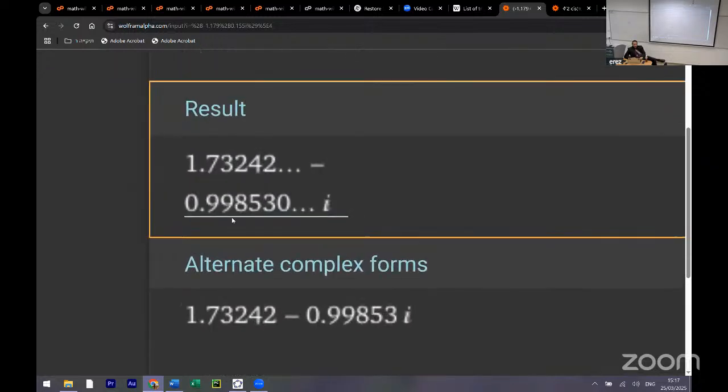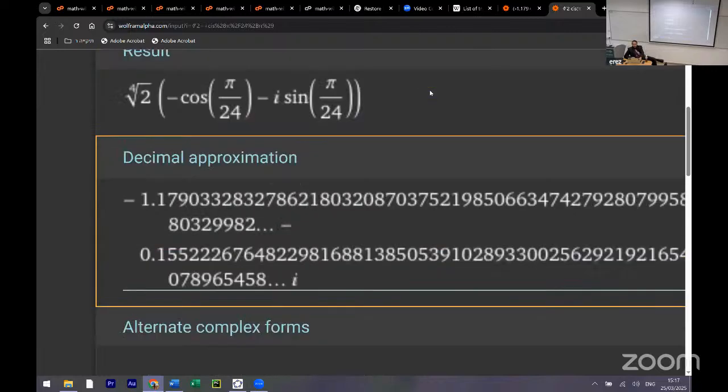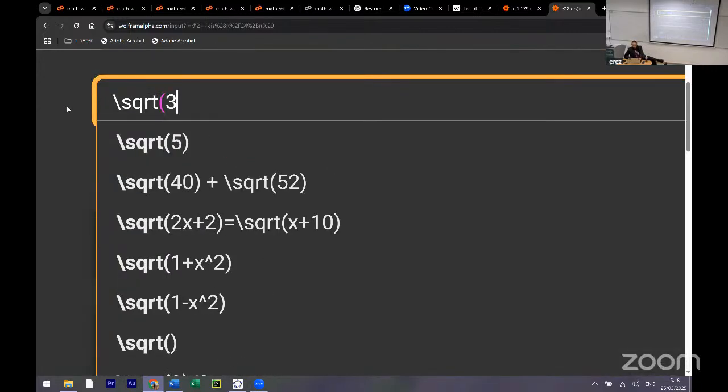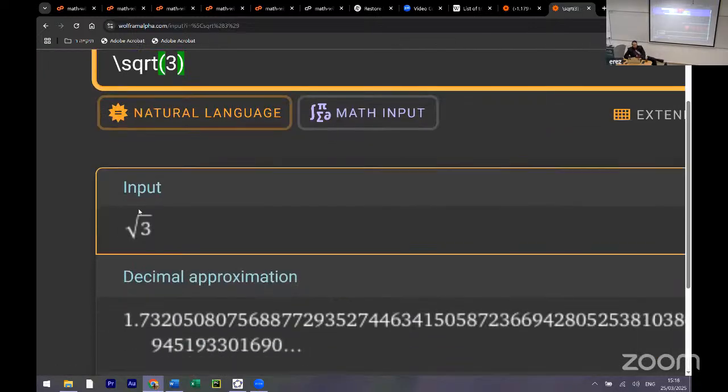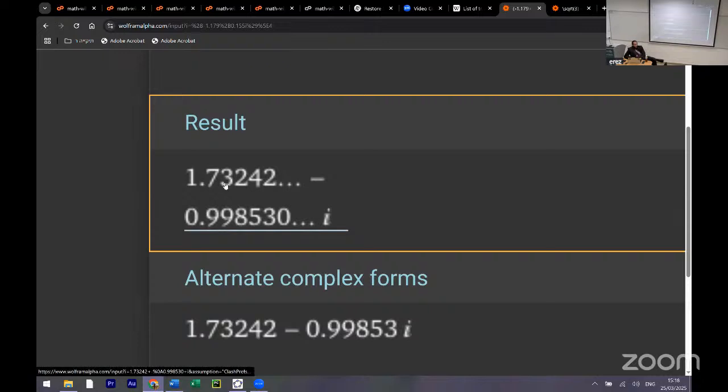So you see the 0.998 is close enough to 1 because we're supposed to get i, and 1.732 is supposed to be close to the square root of 3. Yeah, 1.73. So you see it's actually true.